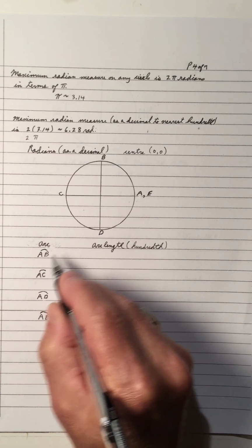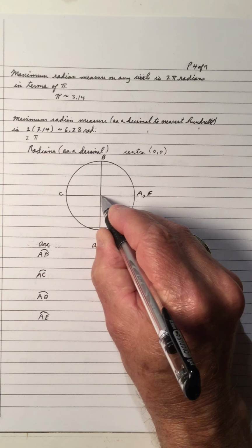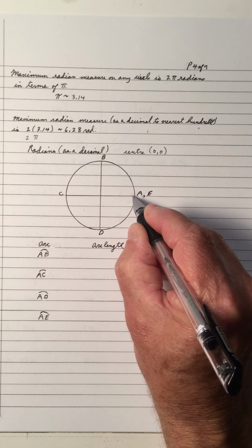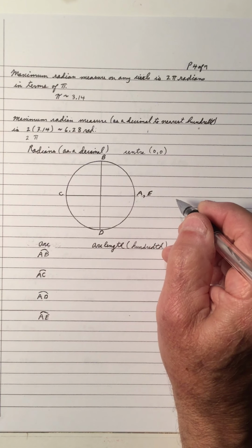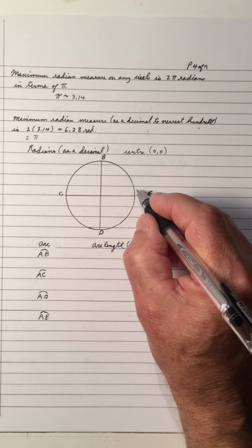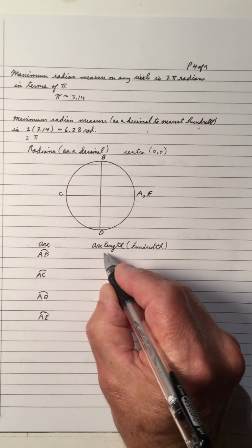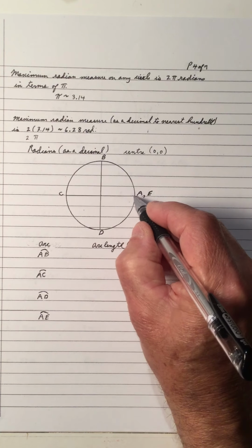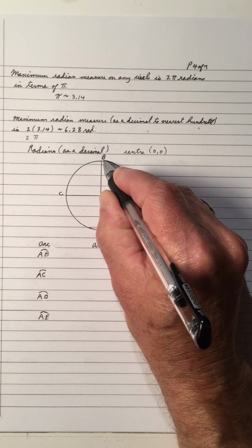Let's look at the arc. No matter what the radius of this circle is, the radian measure is done by the length of the arc divided by the radius. So the arc length on this circle is, notice, AB is from here to here, right?